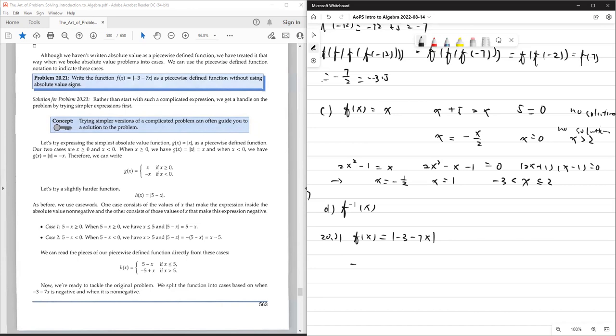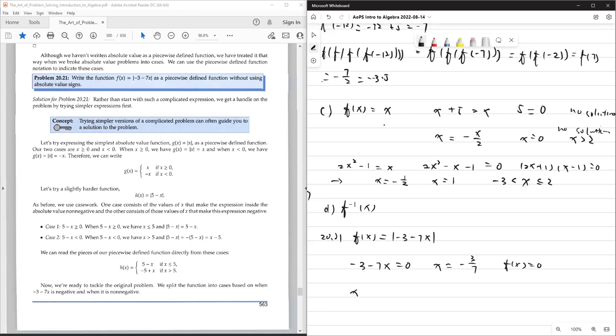So let's see, when would this equal 0? x equals to -3/7.